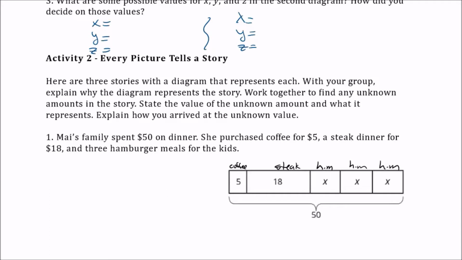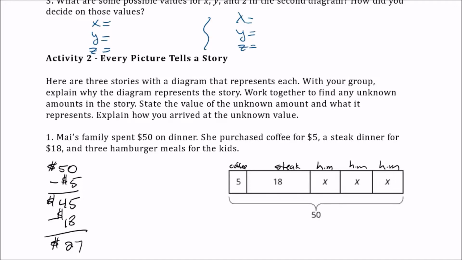Okay, so now what we're supposed to do is work together to figure out what these x values might be. In other words, how much would a hamburger meal cost? I'm going to guess that some students would say, well, if I want to figure out the hamburger meal, I should take off the cost of the coffee, and then take off the cost of the steak, and that would leave, how much would that leave? $27.